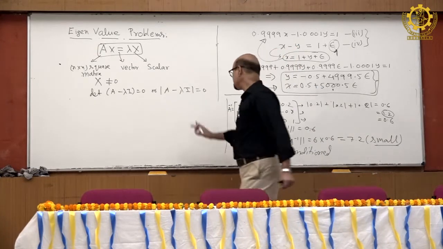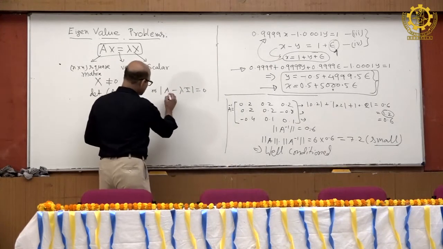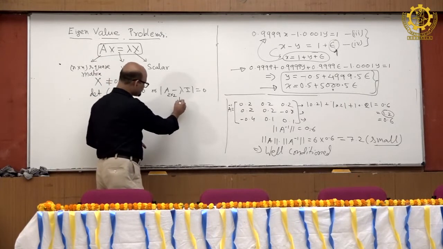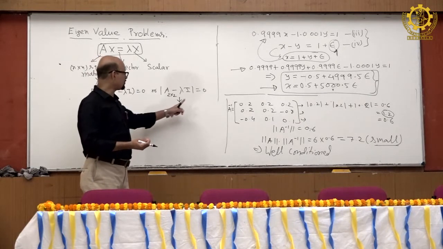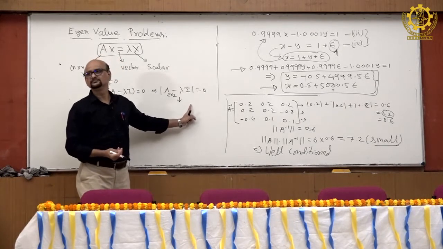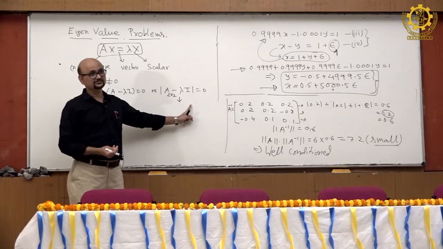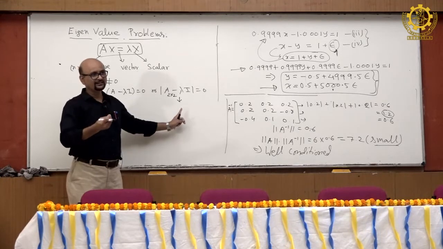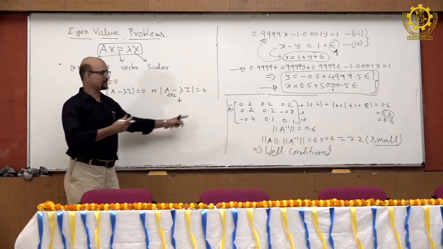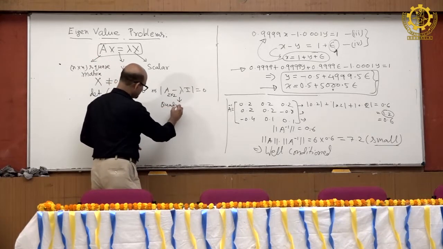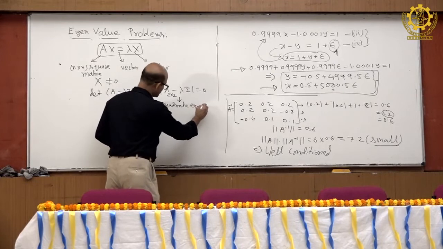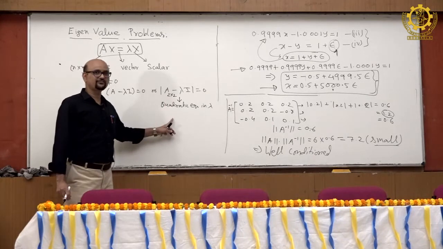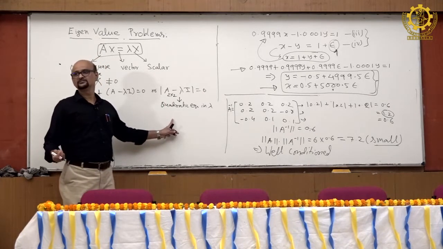First of all, if A is 2 by 2, that you have solved. If I expand this determinant, what are you going to get? A quadratic equation in lambda. If I have 3 by 3, the equation will be cubic.